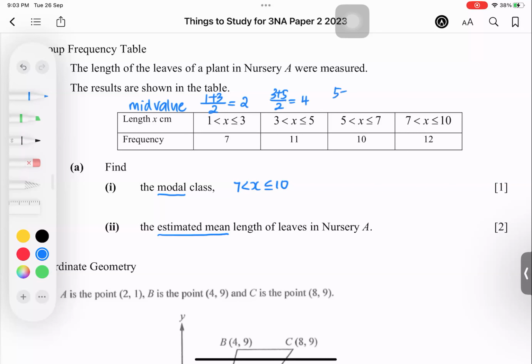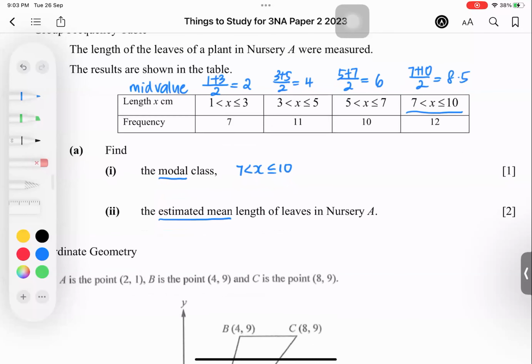So this is 5 plus 7 divided by 2, which is 6. But the last one is 7 plus 10 divided by 2. This is not 8. This one is 8.5. So watch out for the intervals needed.